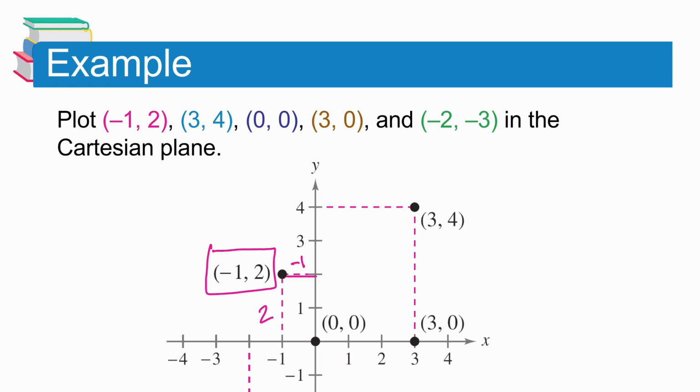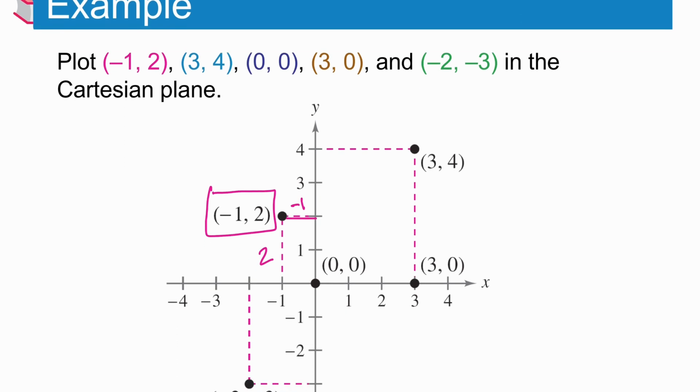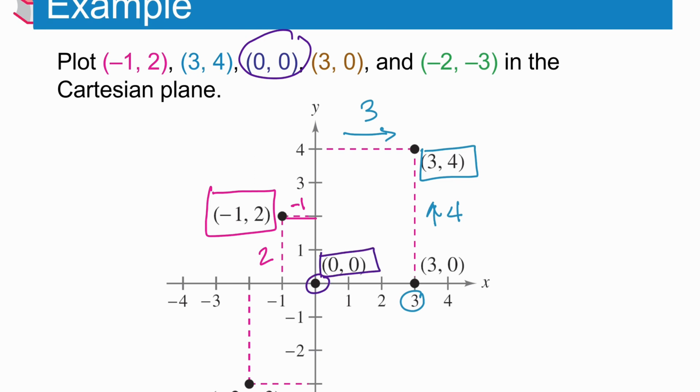So that's how we got the negative 1, 2. And then our 3, 4, right here, we go to the right 3 units. You see that's 3 units here. And we went up 4 units. And then for our 0, 0, we are right here at 0, 0.